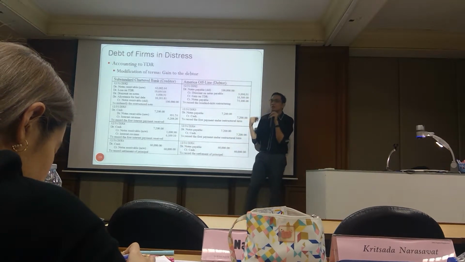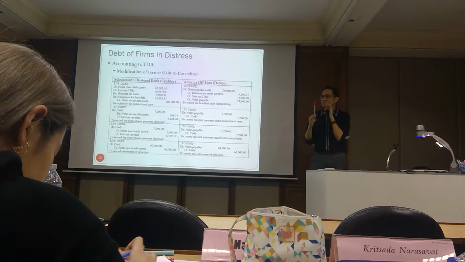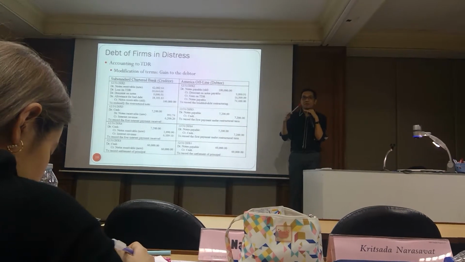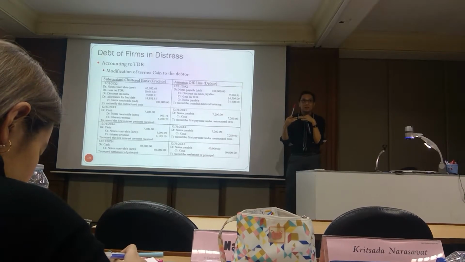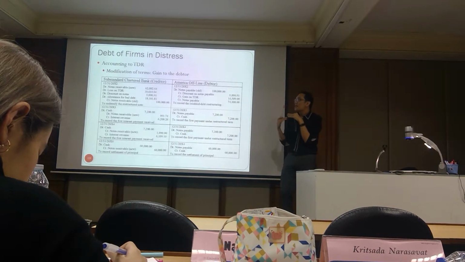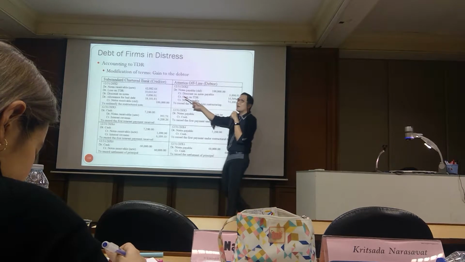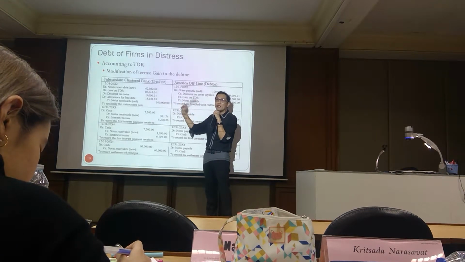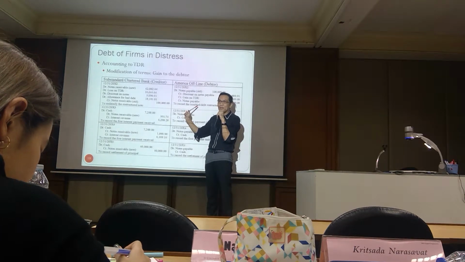Alright? So by doing restructures, what's happening here? Gain recognized in the first place when you do restructuring term. The other guy recognize loss when you ask for restructuring. But it's different number. Okay?